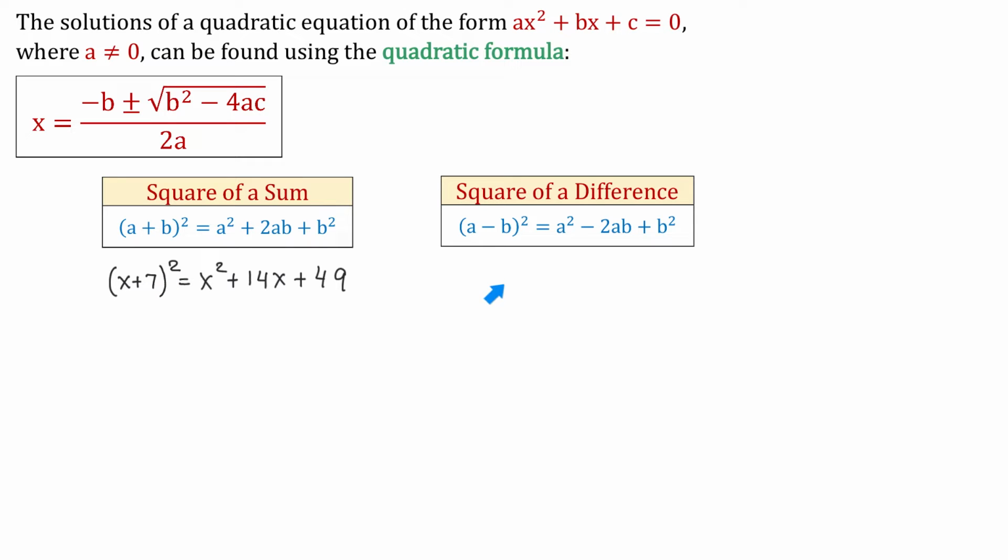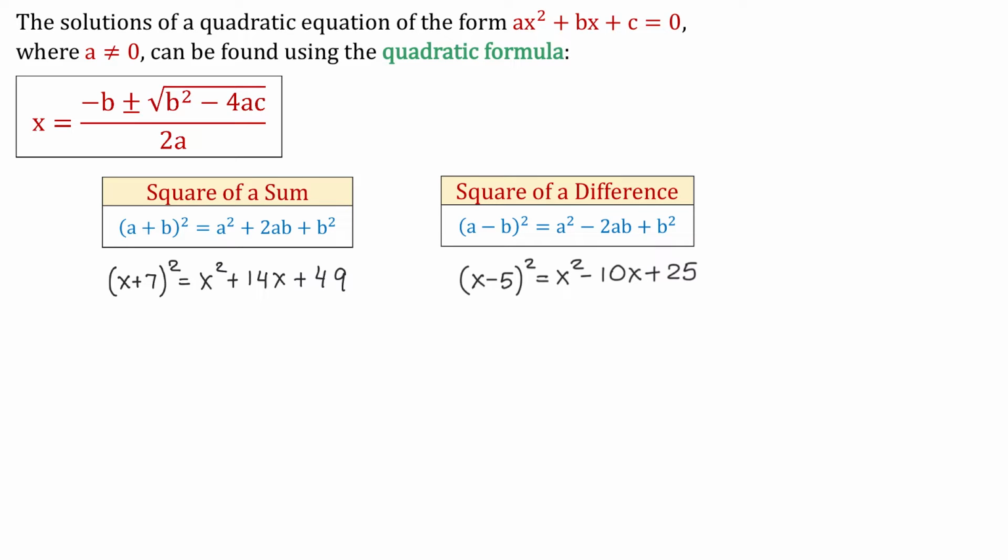Now the second formula is the square of a difference, and this is (a minus b) squared equals a squared minus 2ab plus b squared. For example, (x minus 5) squared equals x squared minus 10x plus 25.